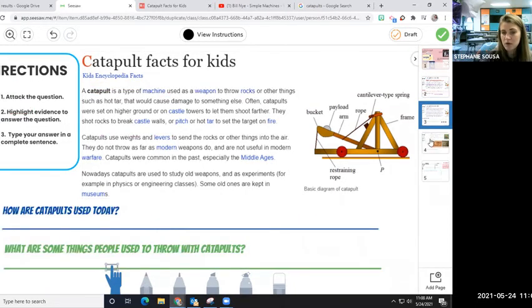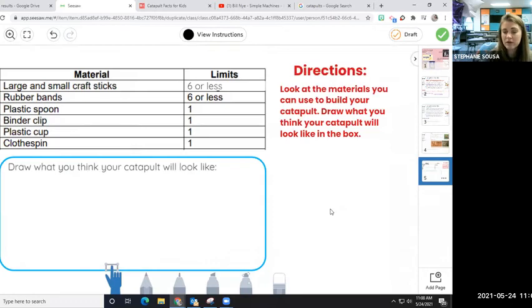Okay? On slide 5, hop to slide 5. These are the materials that you have in your bag that you picked up from school for your catapults. You should have 6 or less popsicle sticks, also called craft sticks. You should have 6 or less rubber bands.